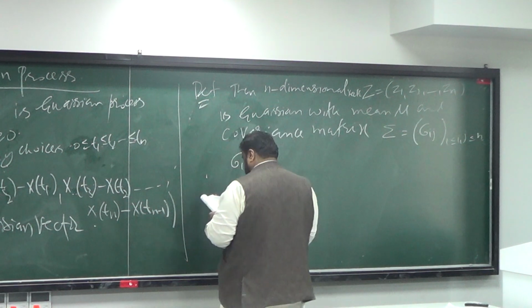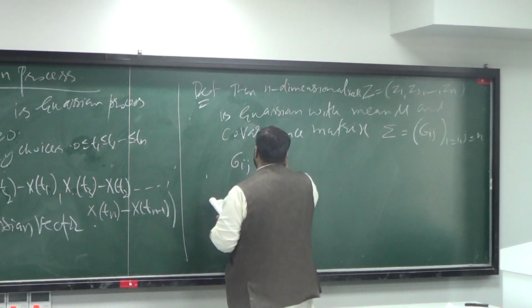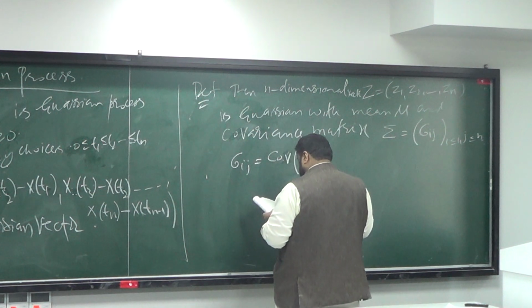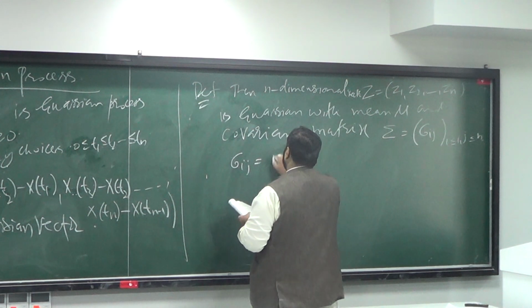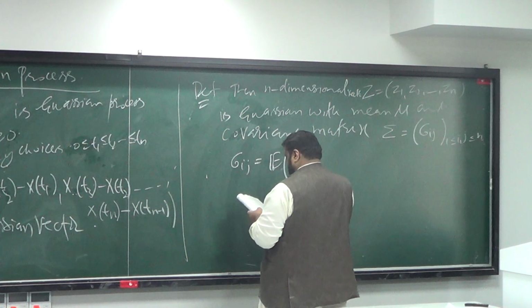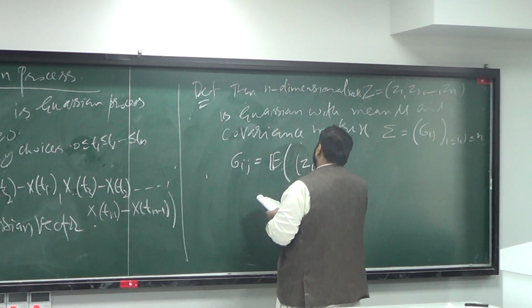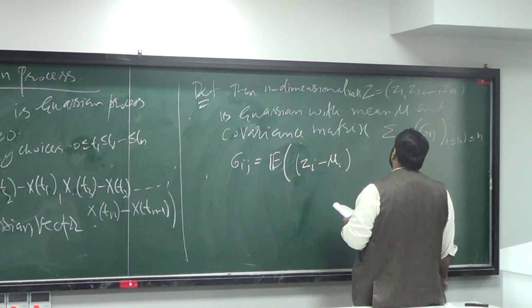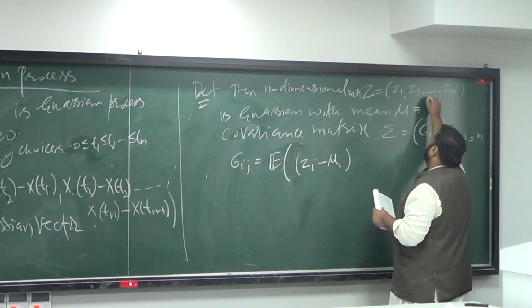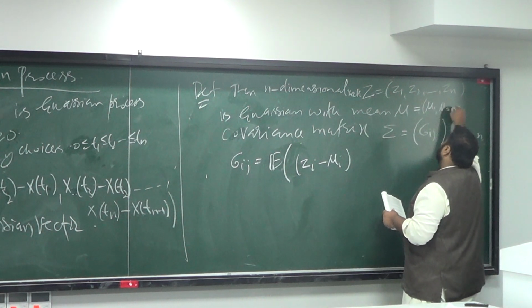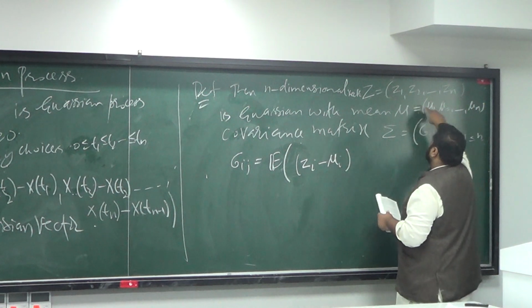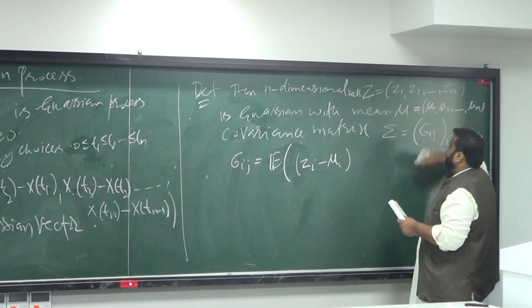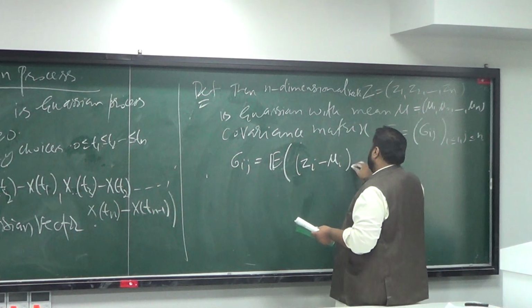Let me write it. Sigma ij is, more explicitly, the expectation of (Zi minus mu i) times (Zj minus mu j). By the way, I must say that mu is a vector as well: mu1, mu2, up to mu n, where mu1 is the mean of Z1, mu2 is the mean of Z2, and so on.